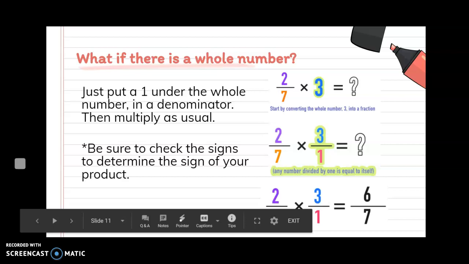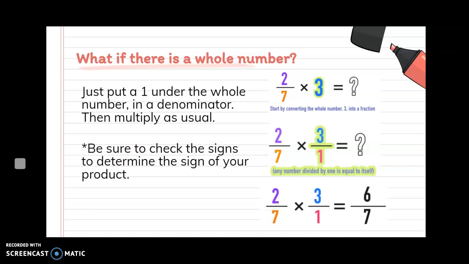Now what happens if there's a whole number in my multiplication problem? Then all you have to do is put a 1 under the whole number in a denominator and multiply as usual. Be sure that you check your signs to determine the sign of your product.